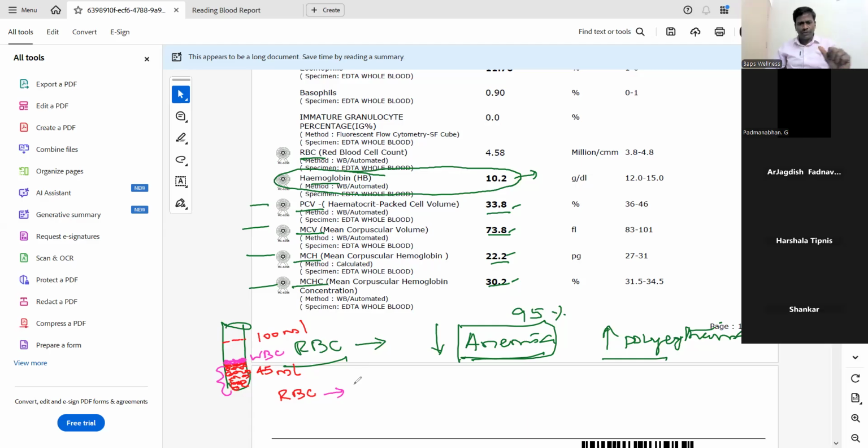The heavier ones are the RBCs? Yes. So the RBCs will settle down and be closely, tightly packed. This packed cell volume is called PCV or hematocrit.